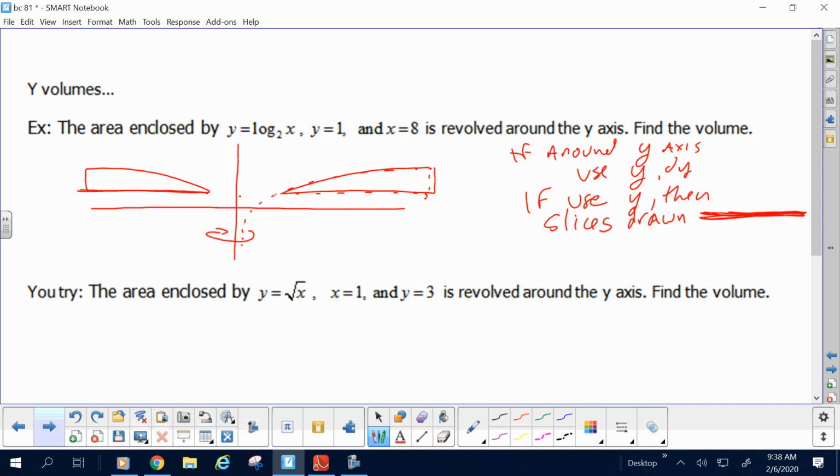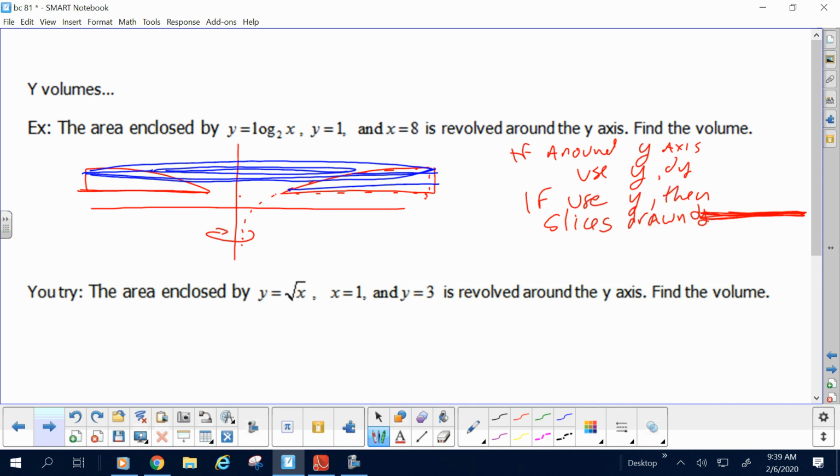It has a small vertical thickness. So when you go to draw your slices, which is the most important part, make sure you draw them correctly. Is this a disc or a washer situation? Washer. We have this big old gap between the region and the axis of revolution, and I get a hole in the middle when I do that.